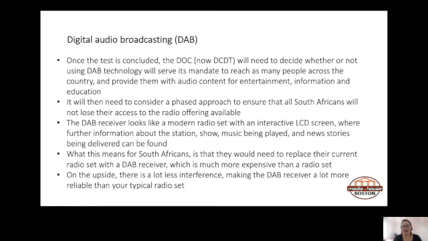There is an added concern about the rollout of DAB within South Africa, and that is the distribution of the South African population. In densely populated areas, DAB works very well as it uses a series of smaller transmitters to share the binary data packets, so the digital data.